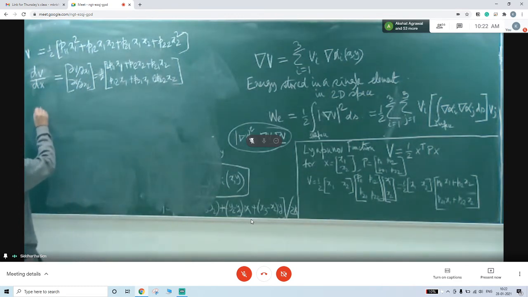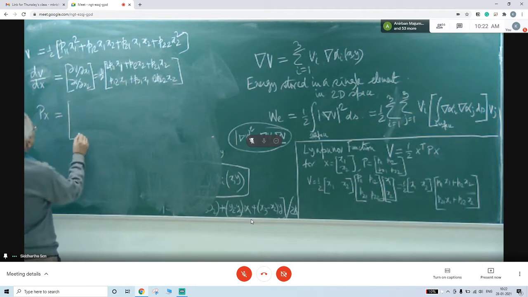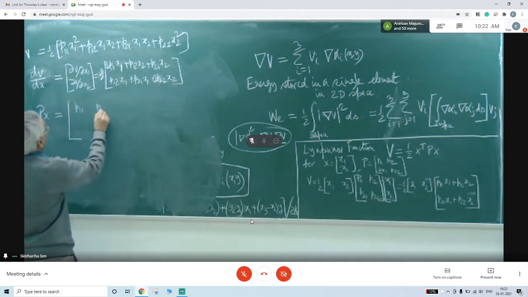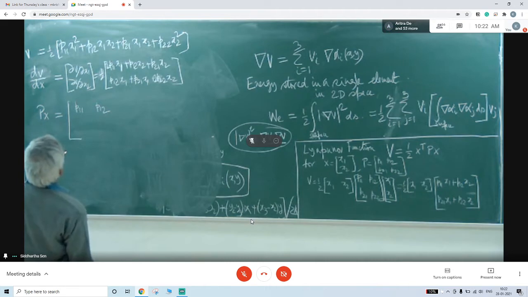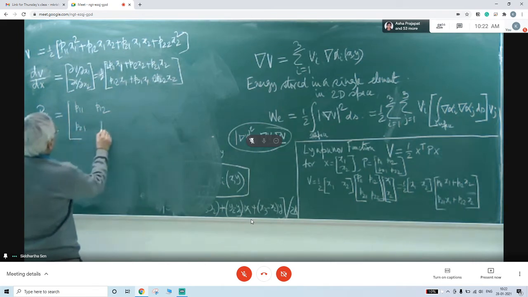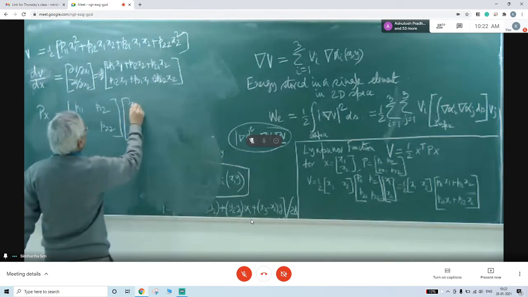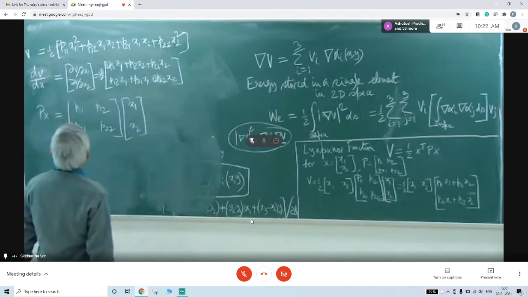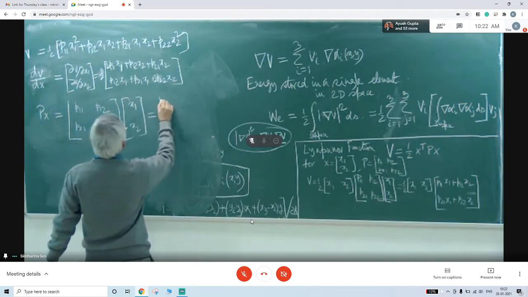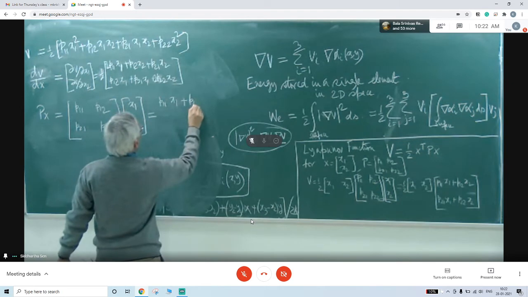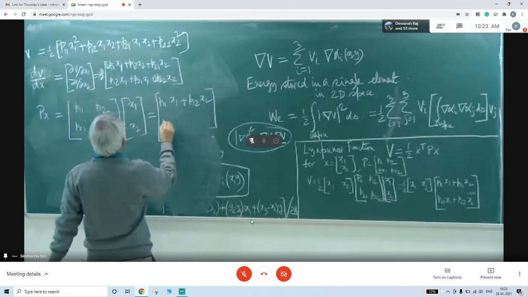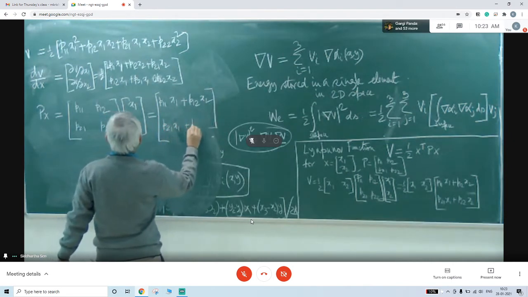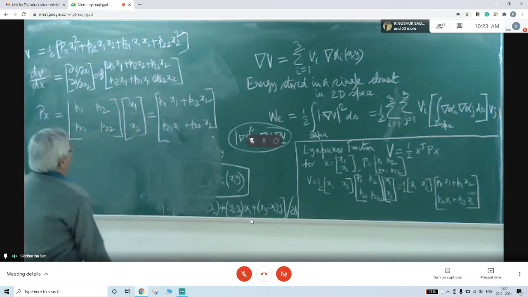I just put it in this way. Suppose P into X is equal to the matrix P11, P12, P21, P22 times X1, X2, then it is P11 X1 plus P12 X2, and here it is P21 X1 plus P22 X2 here.